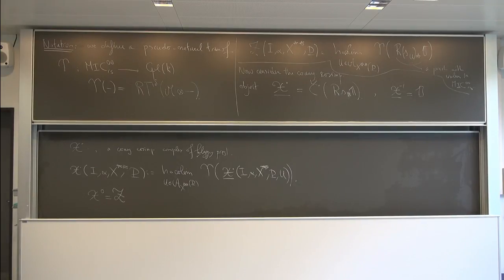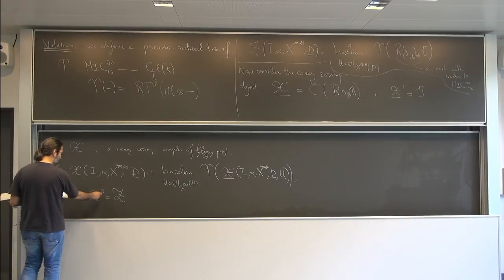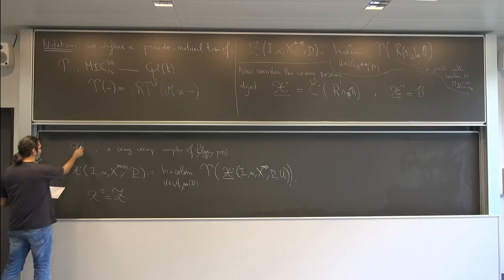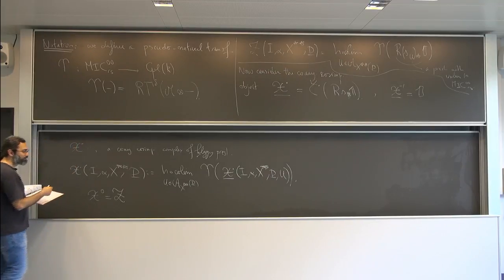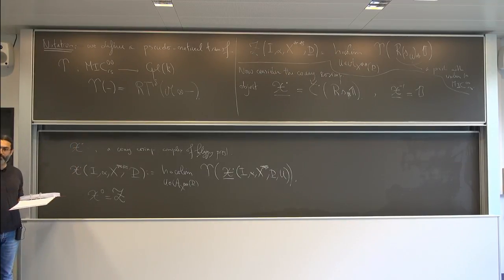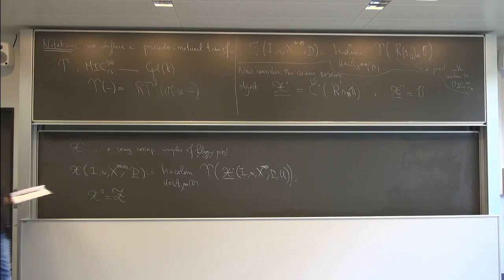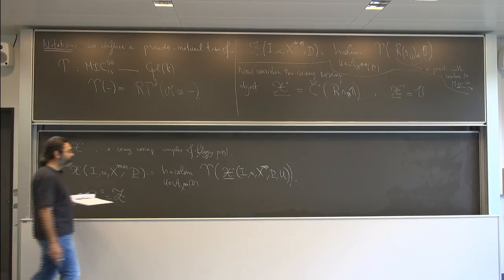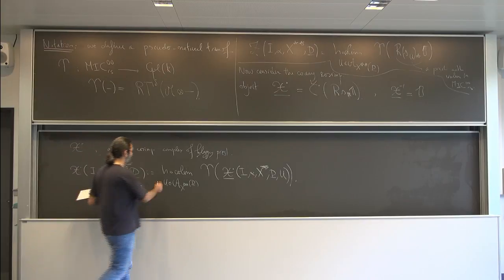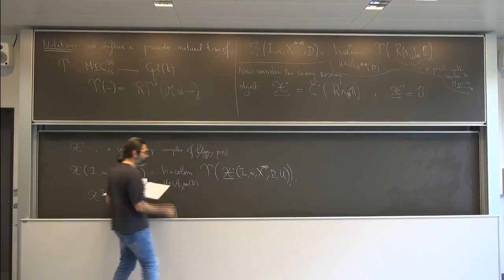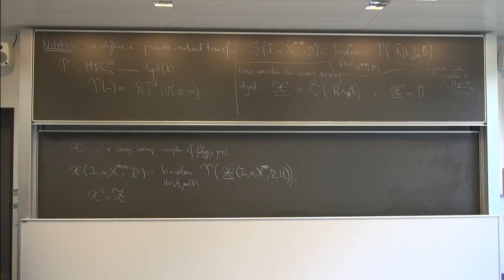Sorry? Why here is x0? Here? So I'm just saying that this is a cosimplicial object. I'm saying that in degree 0 it coincides with the z. Okay. This is the z that appeared before. Okay. So in degree -1 it's just the colimit of gamma of epsilon of 1. No, I thought it was the equivalent of gamma.